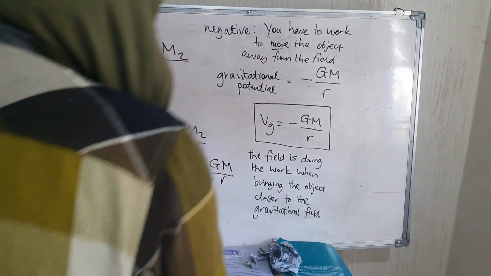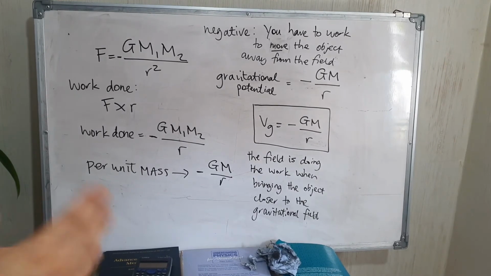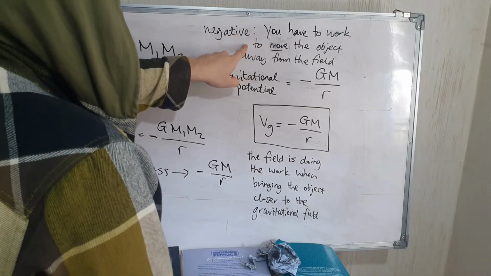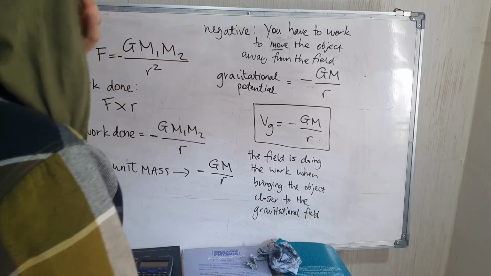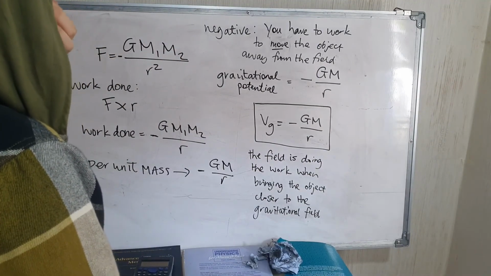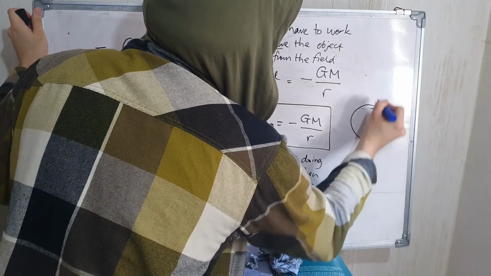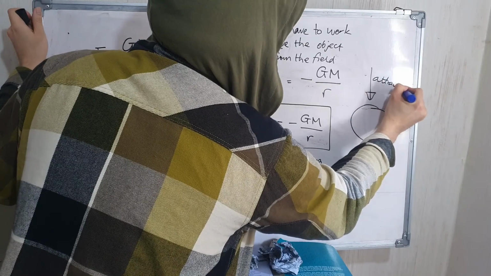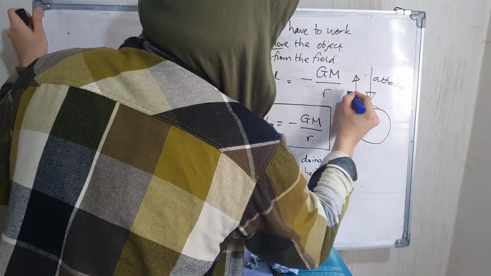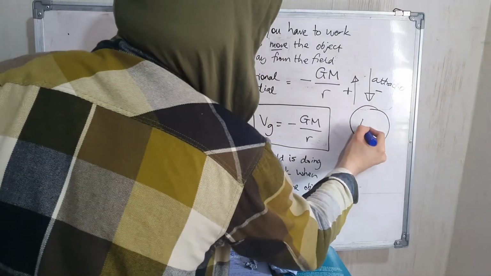When bringing the object closer to the gravitational field, you're doing negative work. Alternatively, you have to do the work to move the object away from that field. So, let's just draw it. Because it is naturally attractive, to move it away, you have to do positive work. Attractive is negative work. And this is mass M.